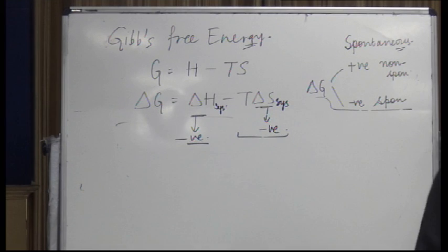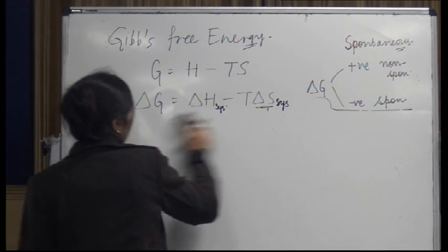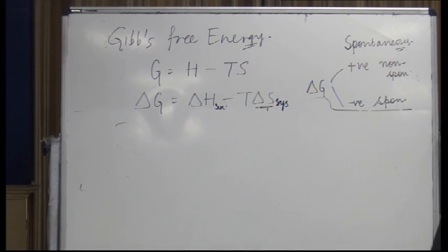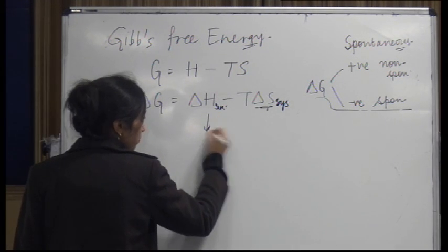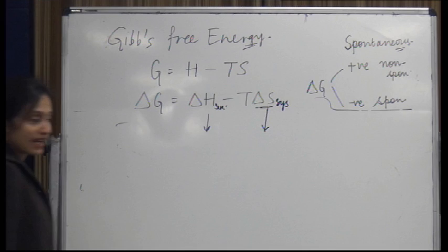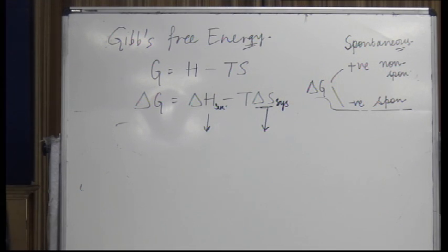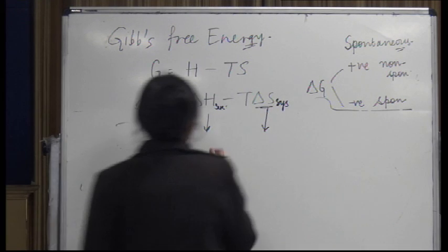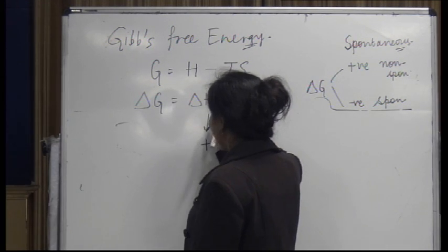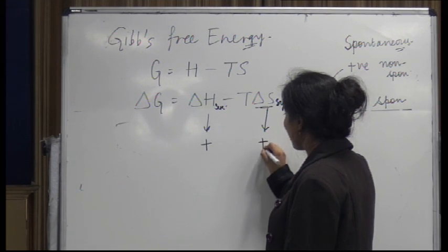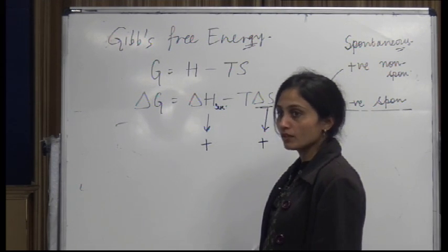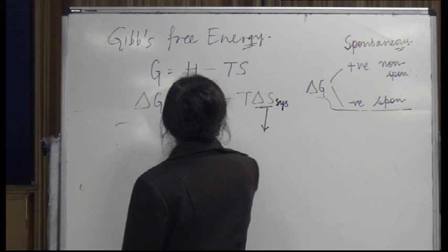ठीक है? अब उसके बाद यहाँ पे you generally see a table in your book that your delta H value and delta S value will decide whether the reaction will be spontaneous or not. ठीक है, let's take up the cases. First, when delta H is positive and when delta S is positive. Alright, or let me just talk about the simple cases first.